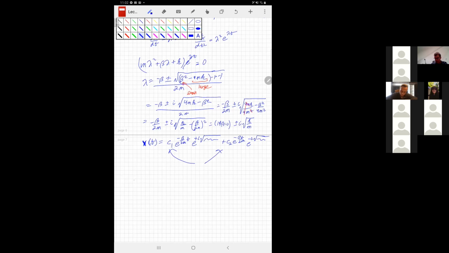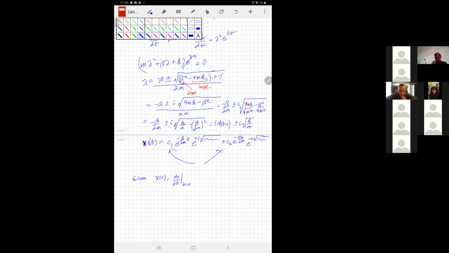But basically we would be given x of 0 and dx/dt at t equals 0. And so we'd have to just plug in 0 and evaluate x, and then evaluate the derivative and plug in 0.